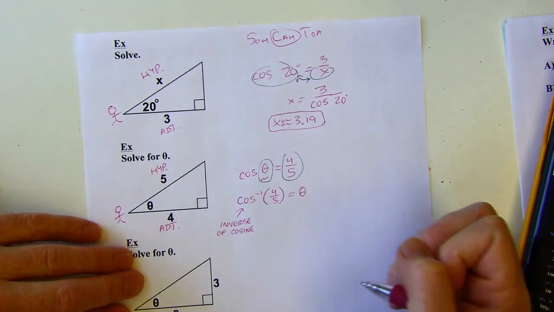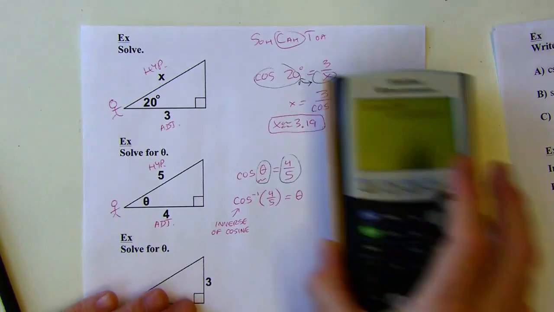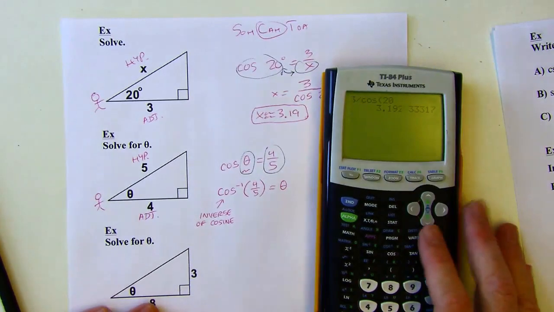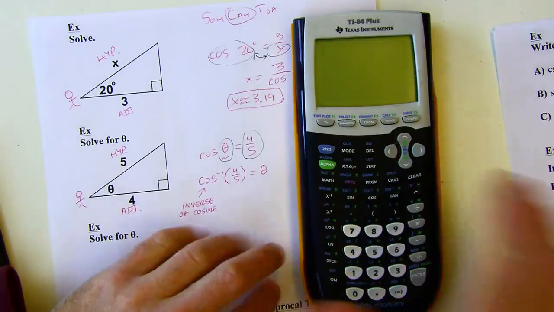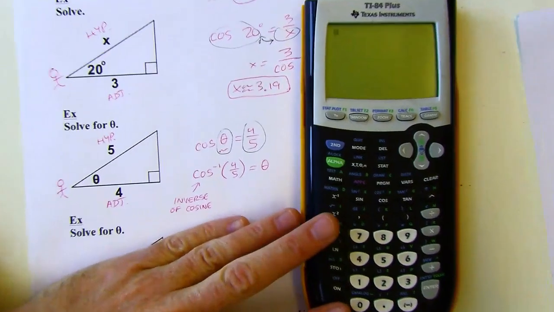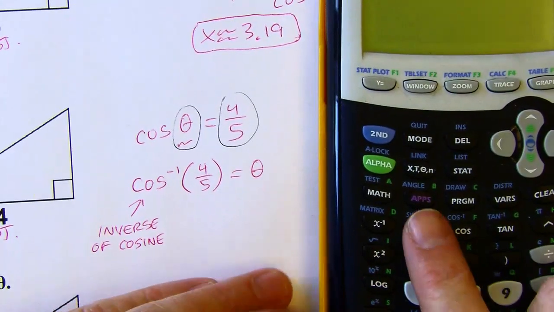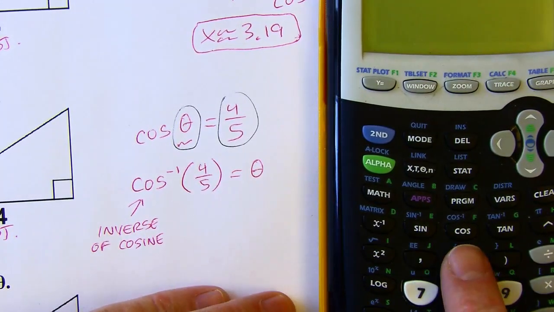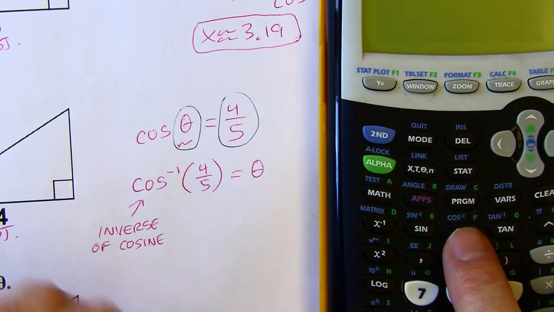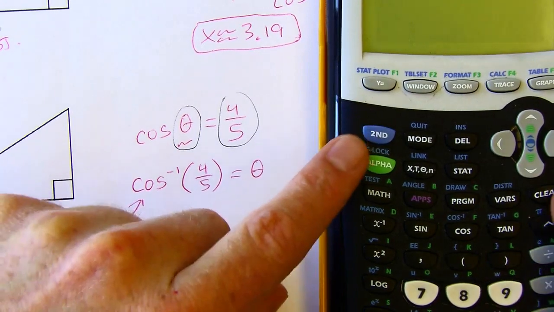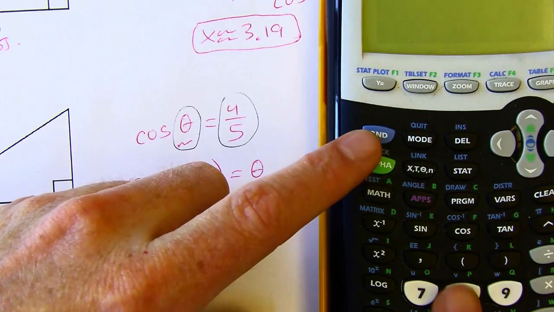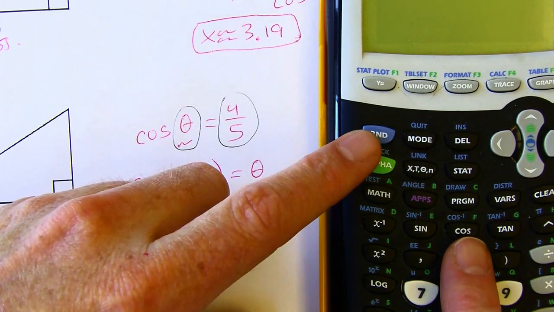And then on your calculator, we can put that in there. As long as you have a cosine key, you're going to have an inverse cosine key. Almost always, it's going to be the superscript. So you see the little blue writing on my calculator, so what I'm going to do is hit second and then cosine to get the inverse cosine.